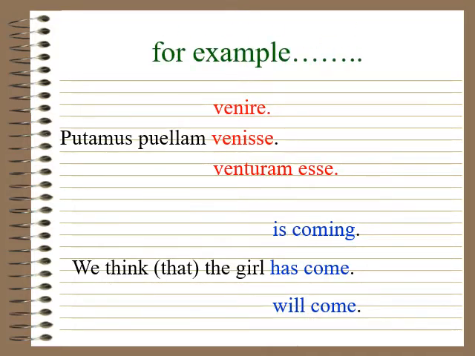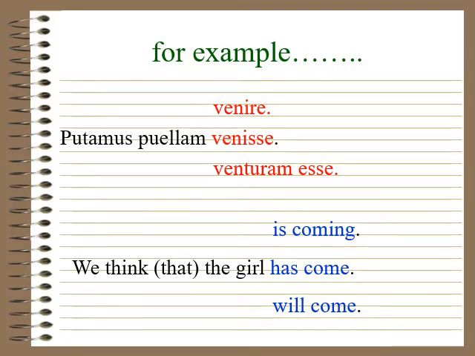So here's an example. Let's say we have an indirect statement: putamus puellam, whatever. Putamus means we think. Puellam means the girl. So you have to include the that. It doesn't have to be, but it makes more sense in Latin. So we think that the girl, if you want it to be at the same time, you use venire, which is coming.